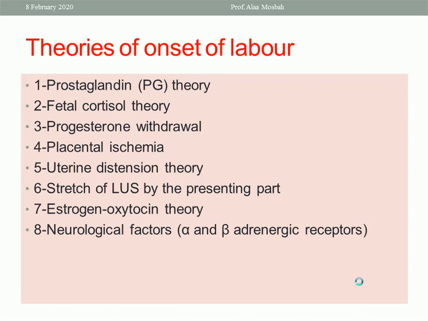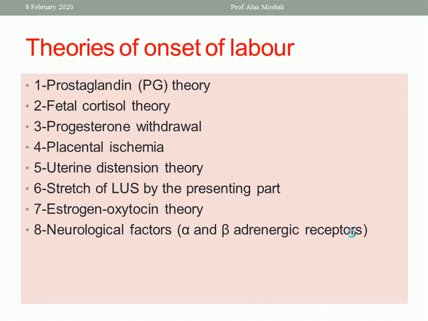What about the theories of onset of labor? Different theories try to explain the onset of labor, like prostaglandin theory, because prostaglandin present in the amniotic fluid can be released at the end of the pregnancy and cause ripening of the cervix and uterine contraction.